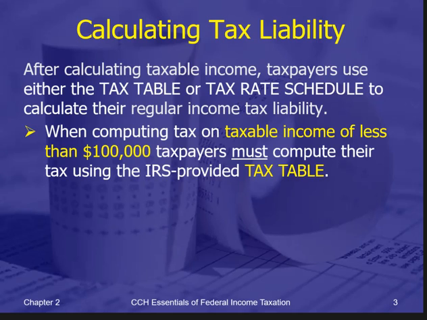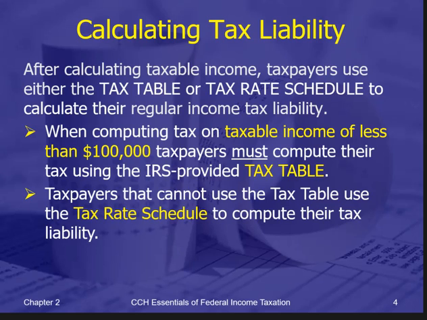So you should never have a tax liability that is the majority of your taxable income. There are two ways that, if you follow them correctly, you'll get the right number that you actually owe for tax purposes. Okay? Now there's the tax table and then there's the tax rate schedule.